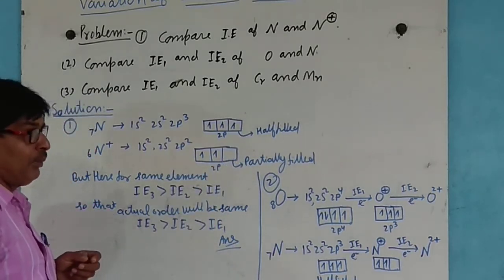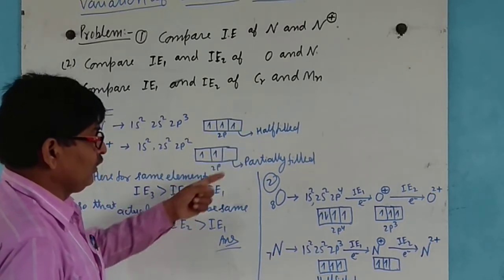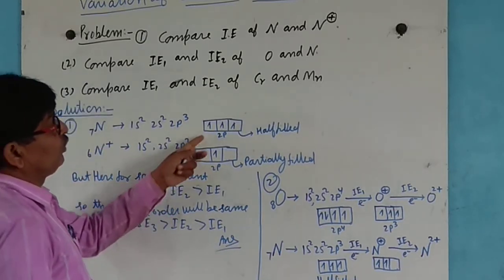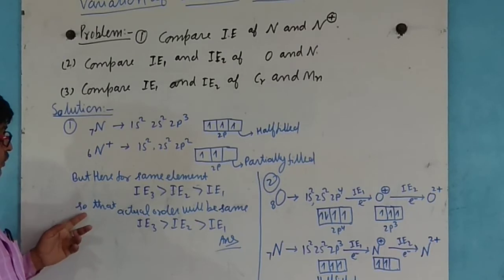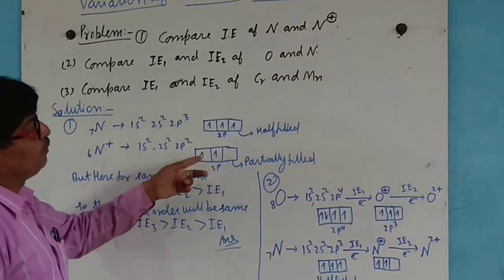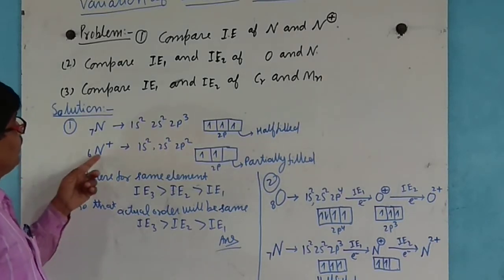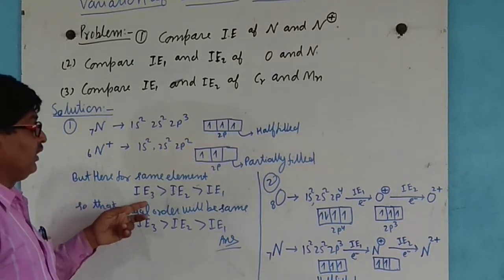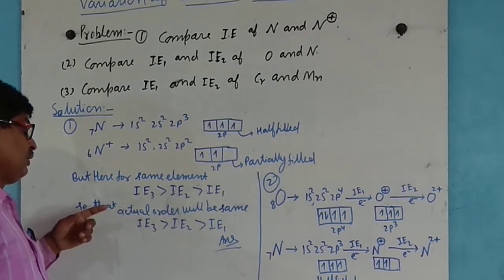As you know, half filled and full filled orbitals are stable in comparison to partially filled, but for the same element this rule doesn't apply, so the order of ionization energy is IE3 greater than IE2 greater than IE1.